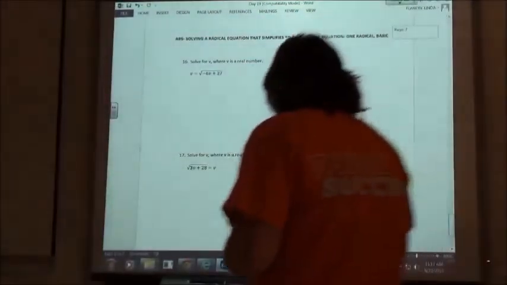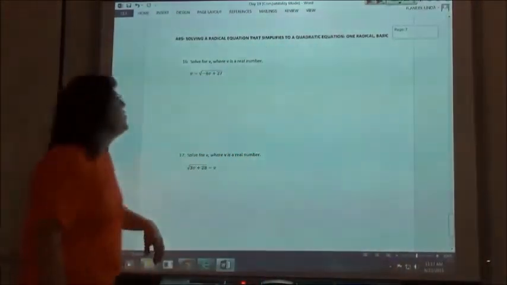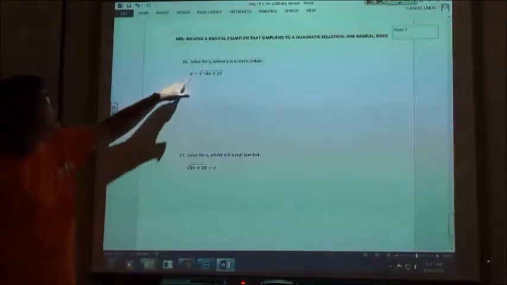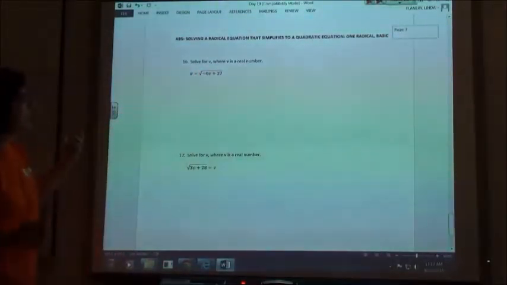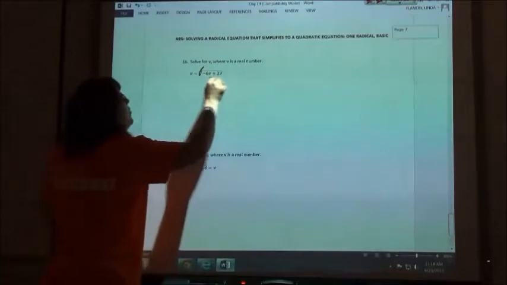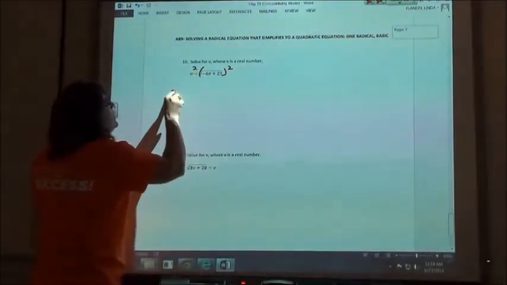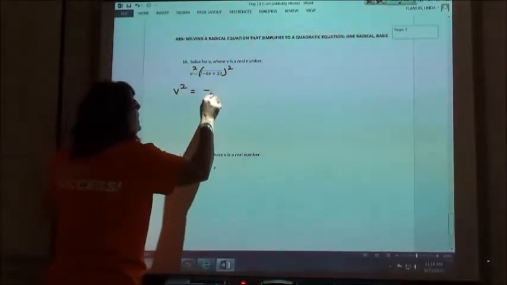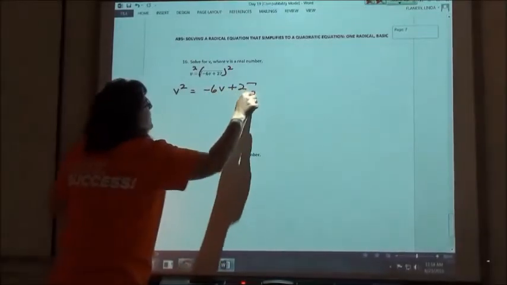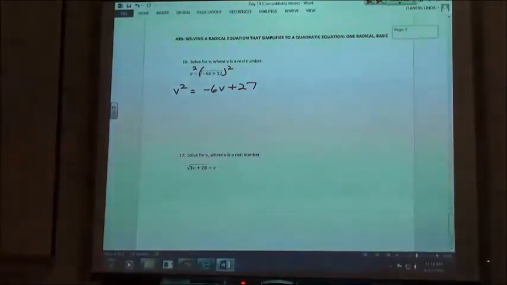16, 17, 18, same kind of thing, working with those square roots, and I want to get rid of the square root. Again, I want to have the square root by itself, which it is, and I'm going to go ahead and square both sides. So v squared is going to equal negative 6v plus 27. Since I have a quadratic expression, I have to set it equal to 0.